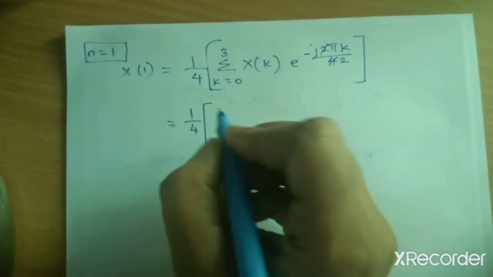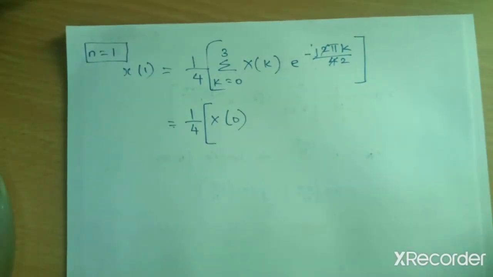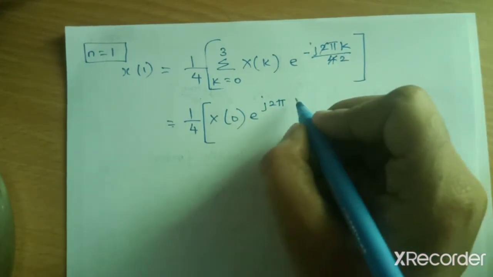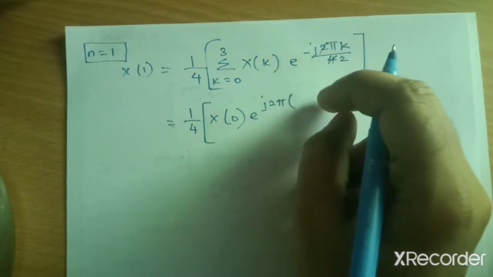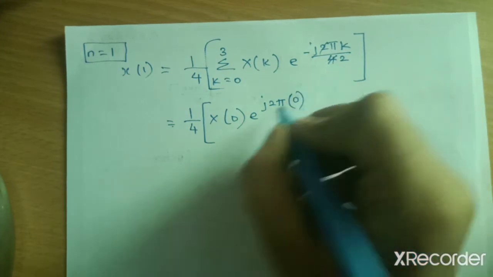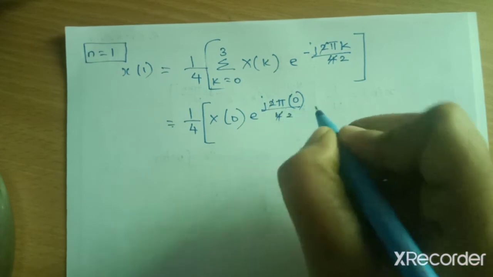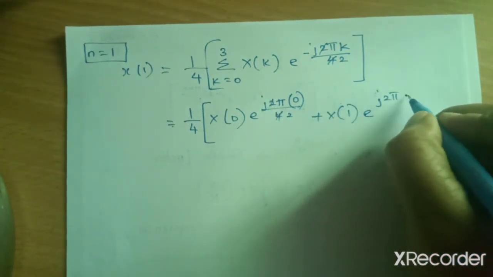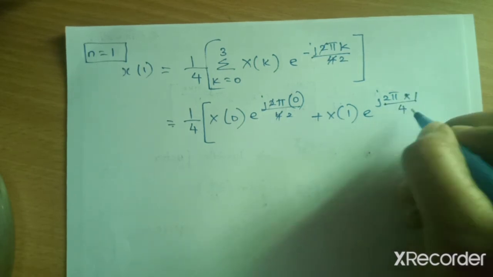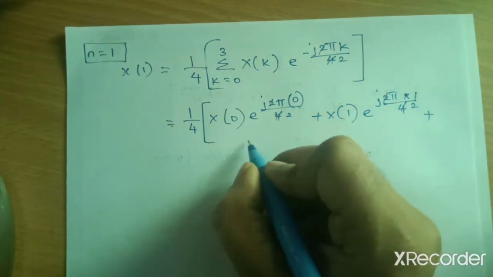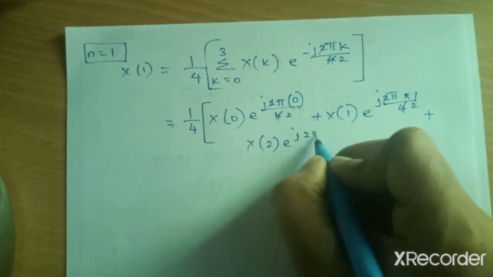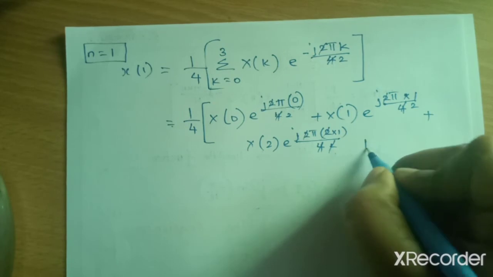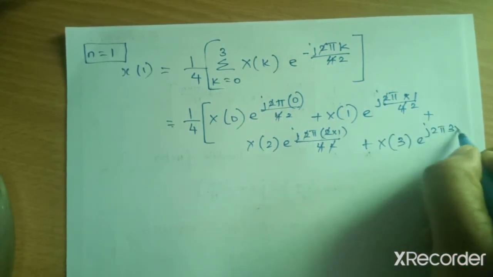So 1 by 4 will be common. x of 0 into e power j 2 pi into 0 divided by 4, plus x of 1 e power j 2 pi into 1 divided by 4, plus x of 2 e power j 2 pi 2 into 1 divided by 4, plus x of 3 e power j 2 pi 3 into 1 divided by 4.